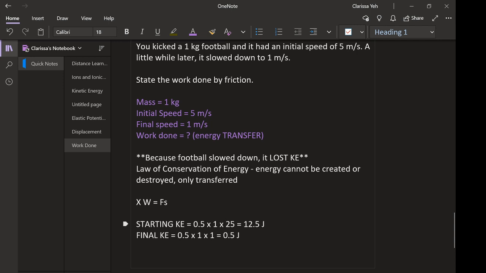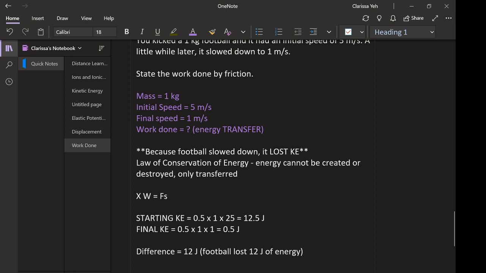So I just made it 25 instead of writing it out fully to start with. So the difference in kinetic energy was 12 joules. That means that our football lost 12 joules of energy. That then means that our friction did 12 joules of work.